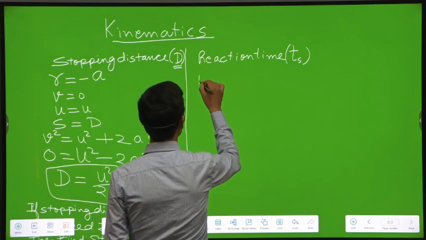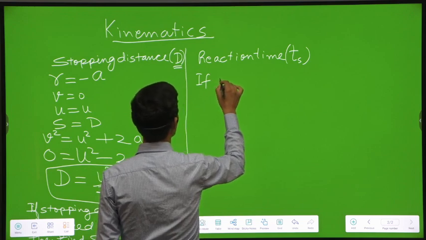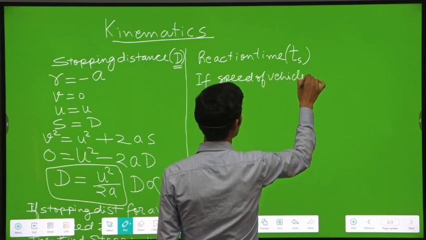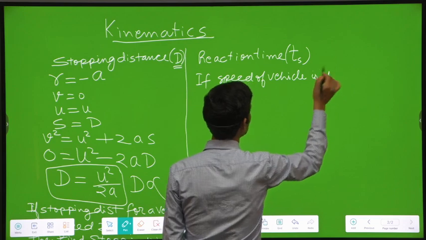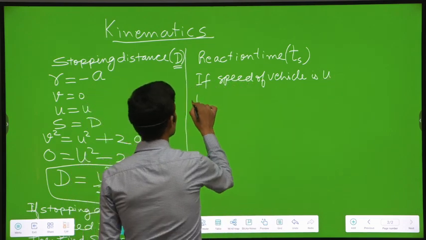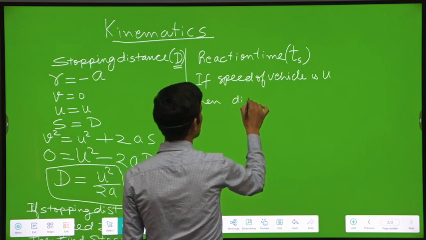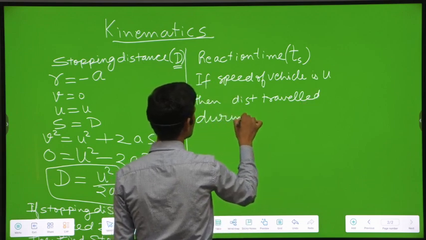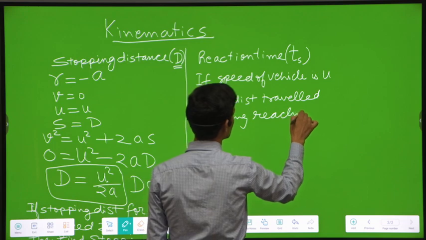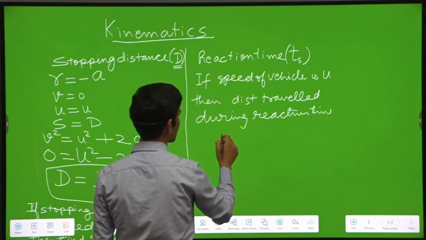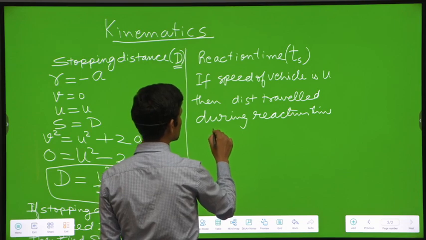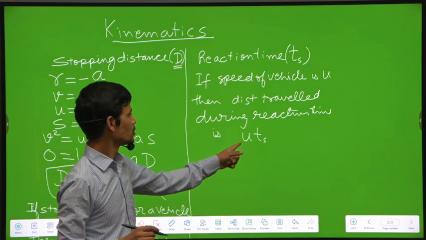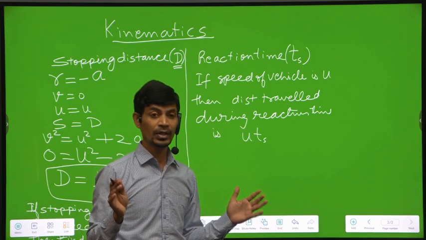If the speed of the vehicle is u, then the distance traveled during reaction time is u times t, which we should keep in our mind.